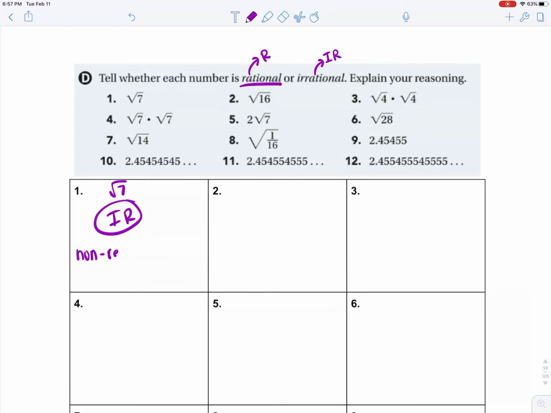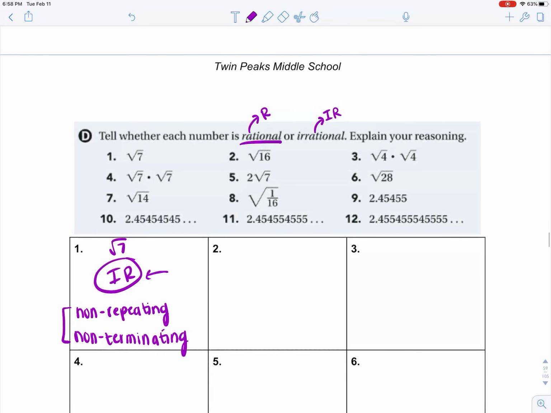Well, it's a decimal that is non-repeating. So I'm going to write this fully here. It's non-repeating and it's non-terminating. And there we go. So this part is the explain your reasoning. This part is the irrational or rational. All right, let's take a look.